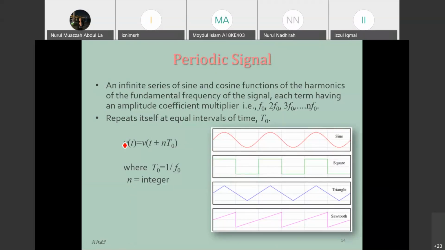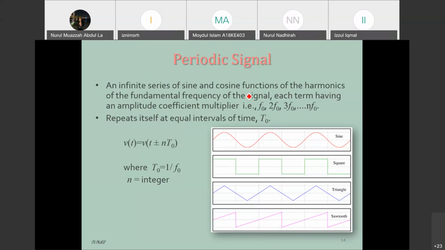Okay. So now we recall back our knowledge on harmonic signal. It is an infinite series of sine and cosine functions of the harmonics of the fundamental frequency of the signal.